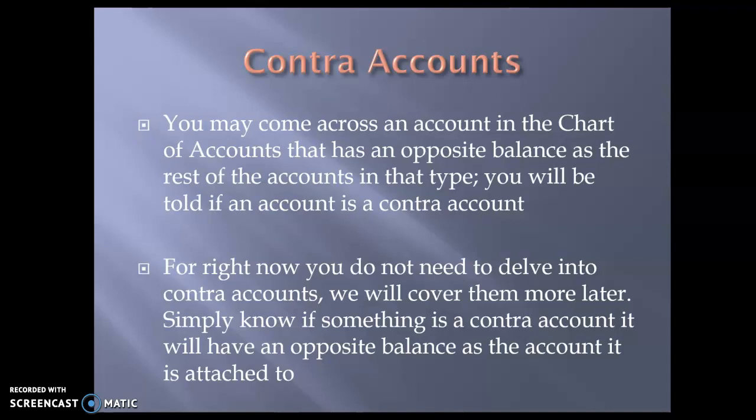It's attached at the hip to the equipment account, but it shows how much we have depreciated of that equipment, which we will learn more of later in the semester. In that case, accumulated depreciation is going to be a contra account. Okay? We'll cover more of that later.